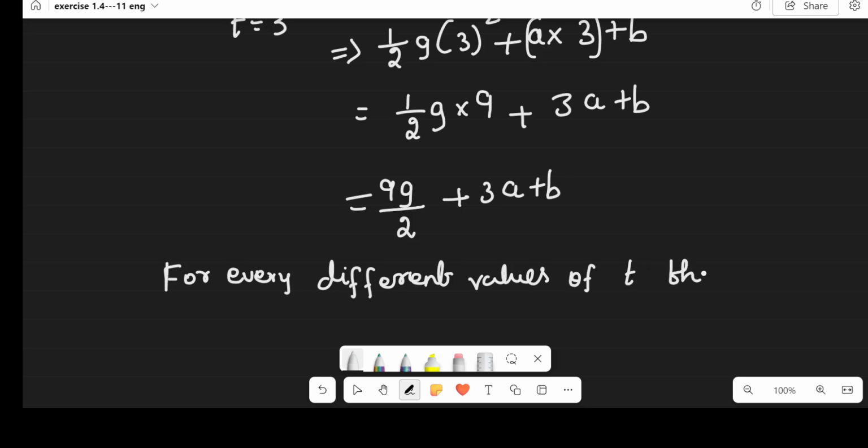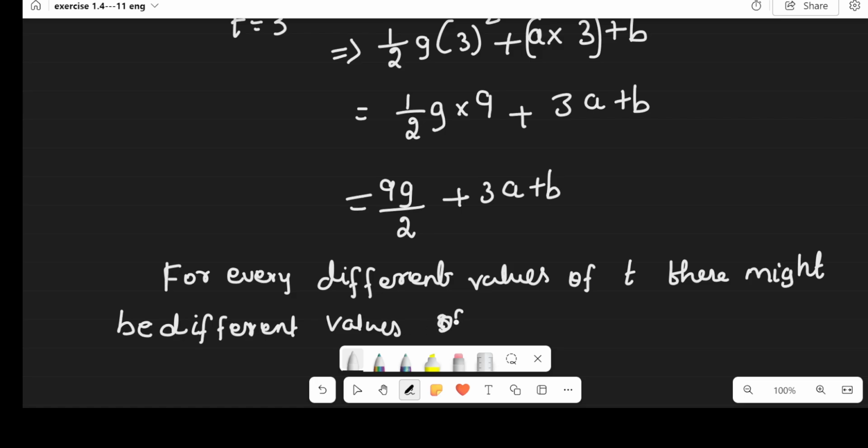there might be different values of s of t.